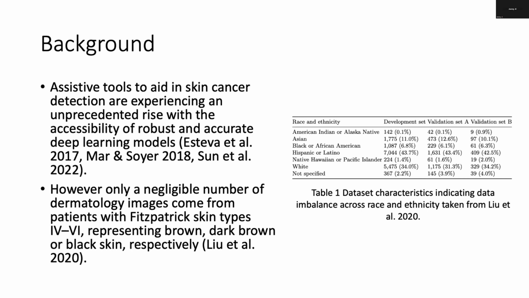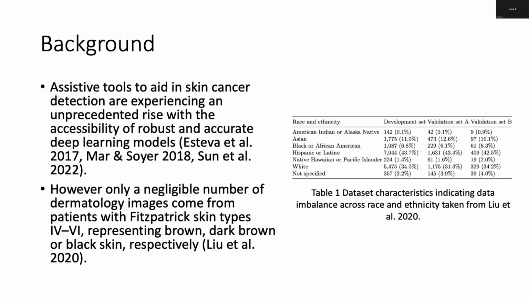Although the incidence of melanoma in the Fitzpatrick skin type 0 to 3 population has increased by almost 20% in the last 20 years alone, a review published by the American Academy of Dermatology showed that the 5-year survival rate in the Fitzpatrick skin type 0 to 3 population is 92%, while in the Fitzpatrick skin type 4 to 6 population it is only 70%, which is, well, significantly lower.